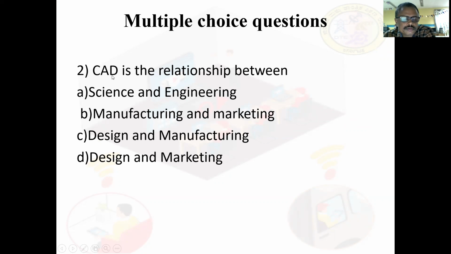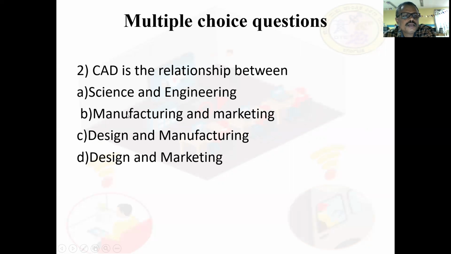So whatever information or details are provided in the CAD database, computer aided design database, the same database is shared to the CAM database. CAM stands for computer aided manufacturing. So whatever design you have carried out, those databases are transferred to the manufacturing department with minimum data loss.